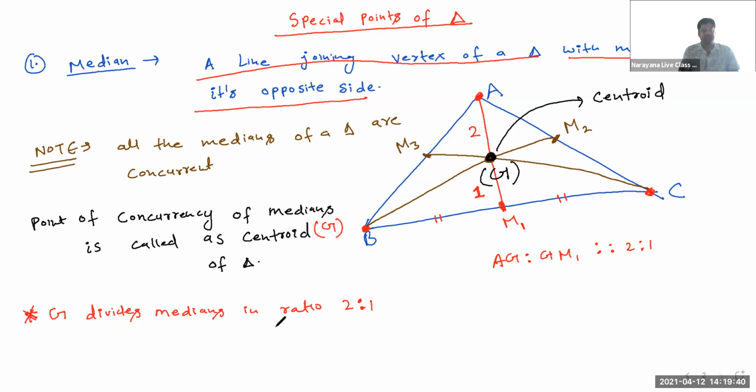So first of all, G divides the median in the ratio 2:1. This we got.